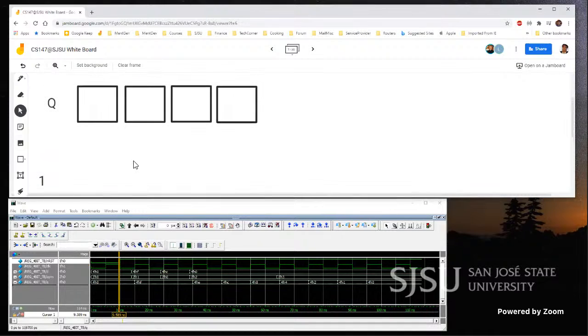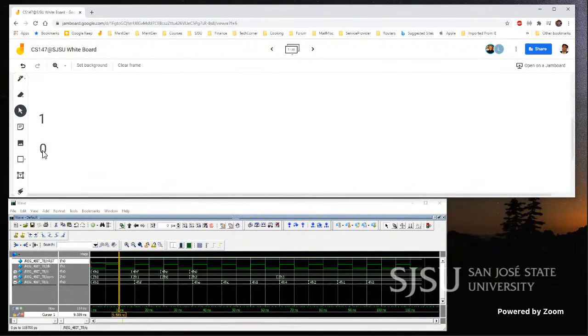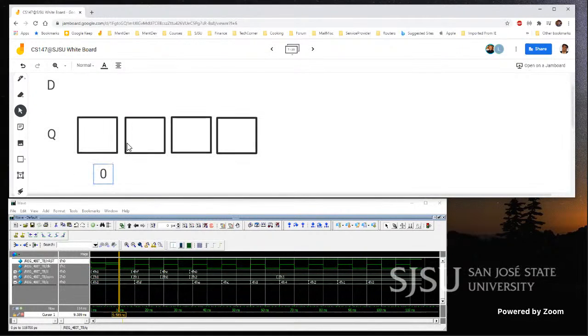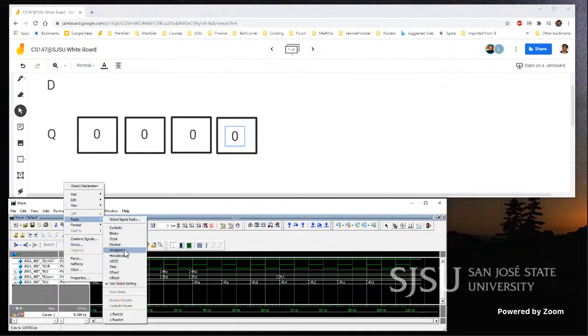So initially it was all 0, 0, 0, 0. Okay, why don't I just change the radix to unsigned?